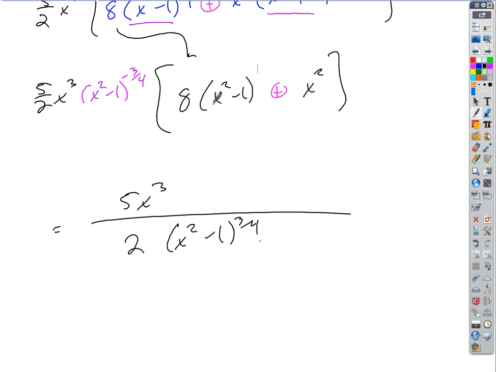So what am I going to get? 8x squared minus 8 plus x squared, so 9x squared minus 8. Okay? And we're good. We've got it written as a rational function that's factored.